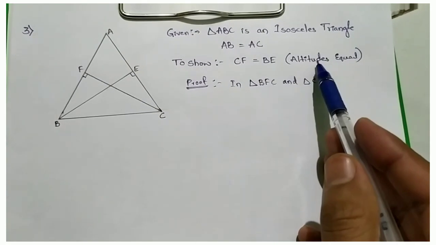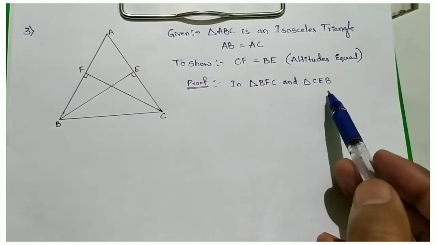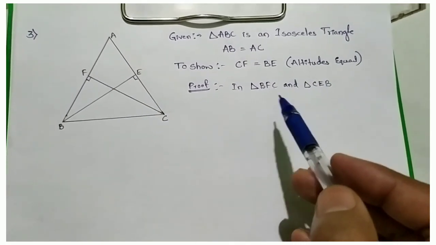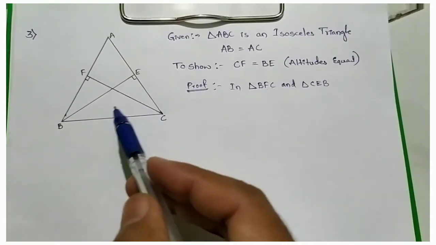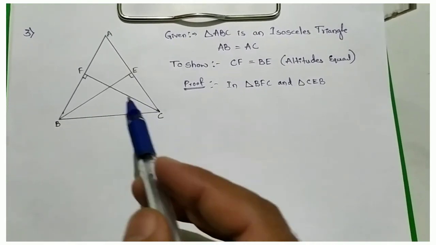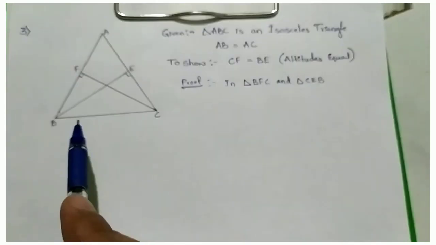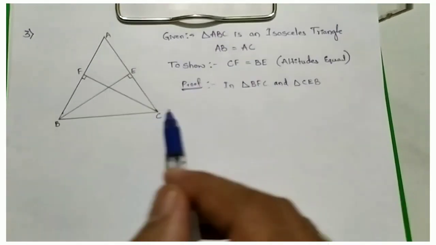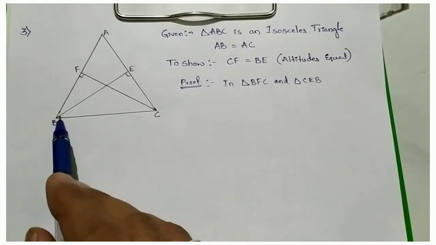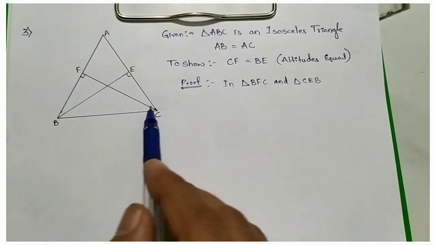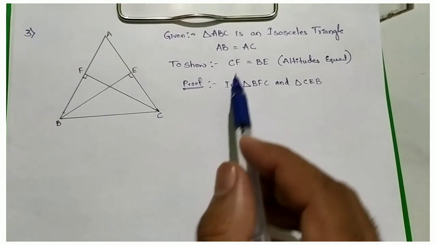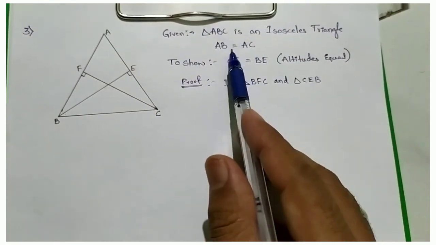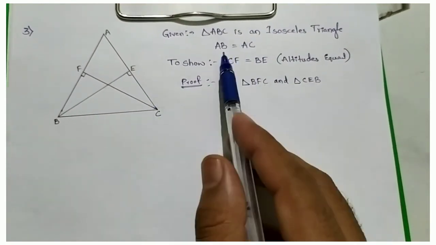These two triangles include the altitudes. That's why I am taking those. Along with that, we have to think about the congruence rules also. Step by step we will do now. First thing, in triangle ABC, we will get angle B equal to angle C. Why? AB equal to AC, opposite angles of equal sides.